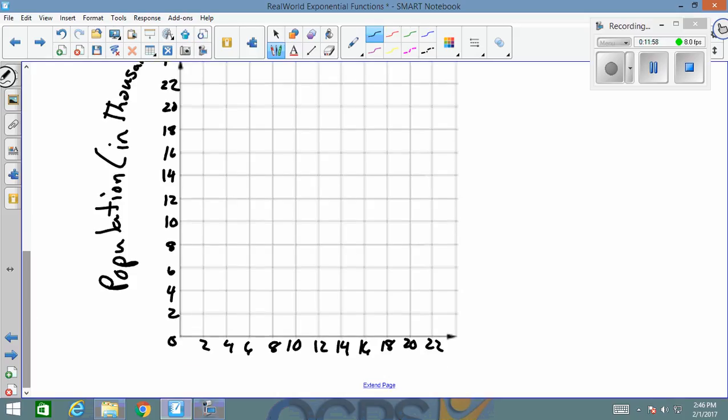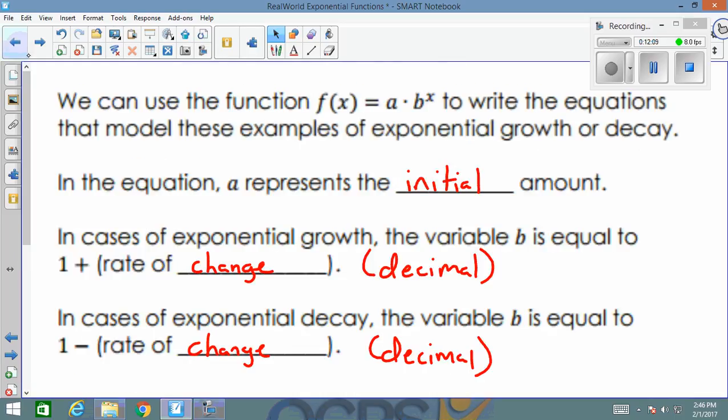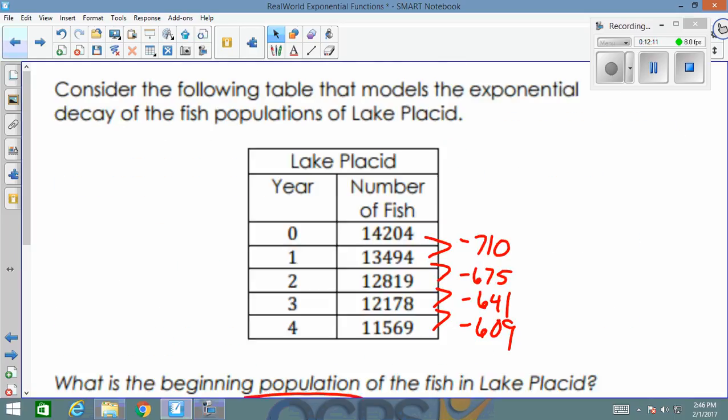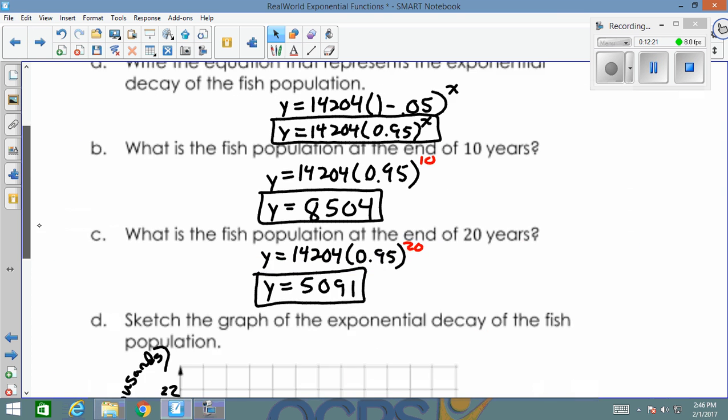And this is going to be time in years. And just like that other problem, we had a chart here for this problem as well. So we can graph all of those points. I'm going to take a picture of it so that I know where I'm at.